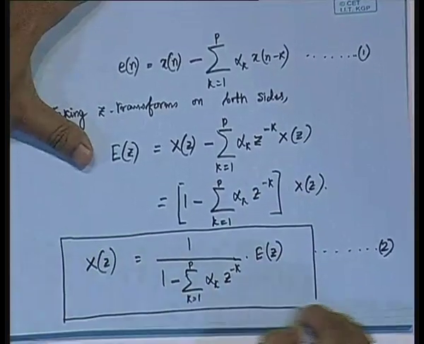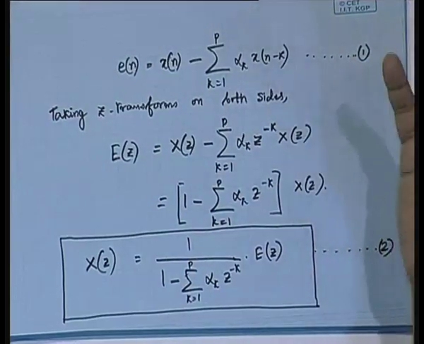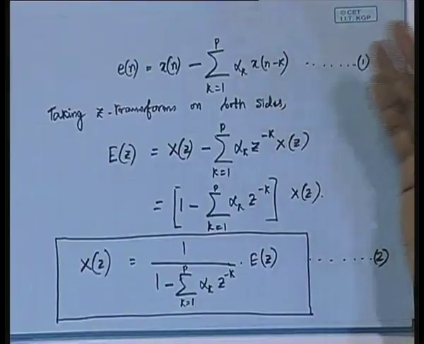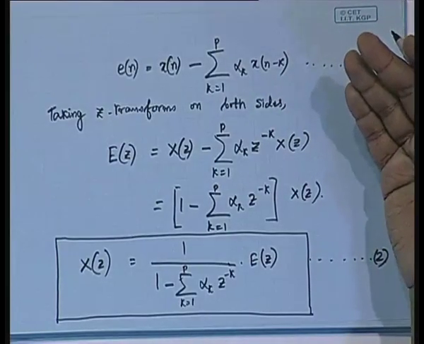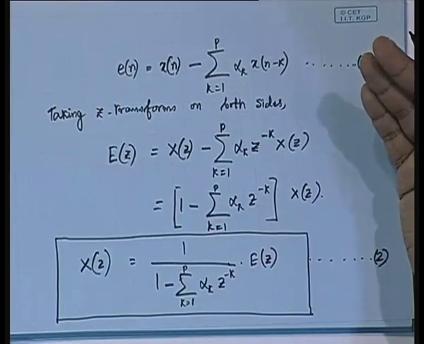Nothing great, because after all, what great thing have we done? We have only taken the basic error model and then taken the Z transform of that. Taking the Z transform is also not new to us.